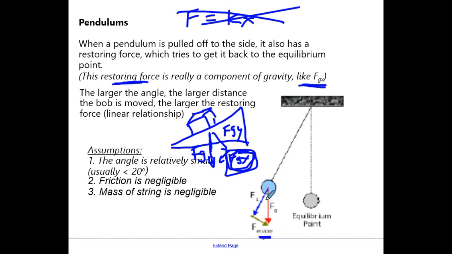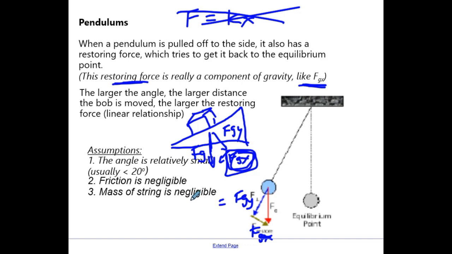Look at this. The way this works is that gravity is pulling this object down. But if I were to break gravity up into a couple of different dimensions, what we really have is the force of gravity in the y dimension and the force of gravity in the x direction, just like we did in the inclined plane. It's just we give them different names.